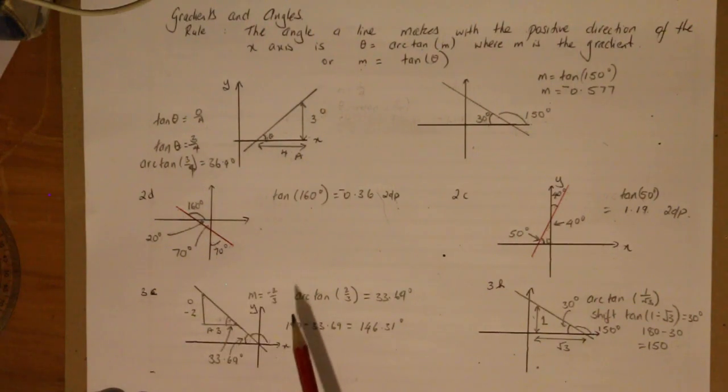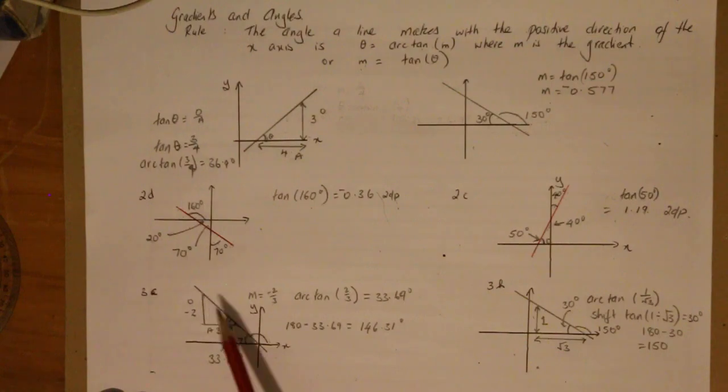We have to find the angle between this line and the positive x direction. We're told that the gradient is negative 2 over 3. So going between any 2 points on the line, if we go down 2 units, we go across 3. First thing we do is we find this angle here by trigonometry.